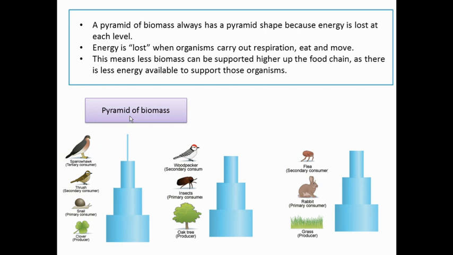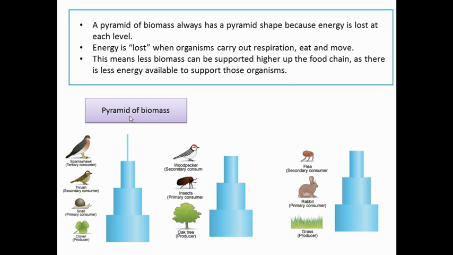So a pyramid of biomass always has a pyramid shape because energy is lost at each level. So energy is lost when organisms carry out respiration, when they eat, when they move, okay? So think about it, we need to eat to get energy to carry out those processes. It's going to be the same for other animals as well. So this means less biomass can be supported higher up the food chain, as there's less energy available to support those organisms.